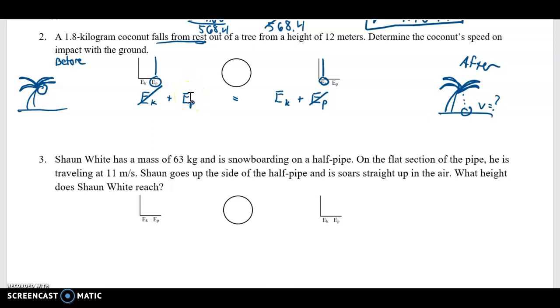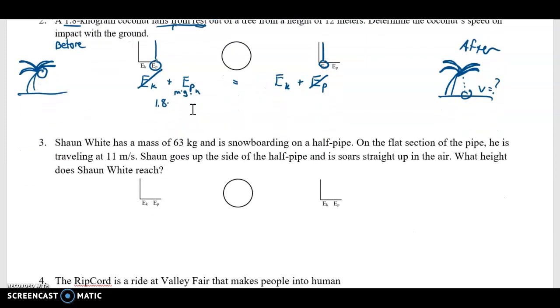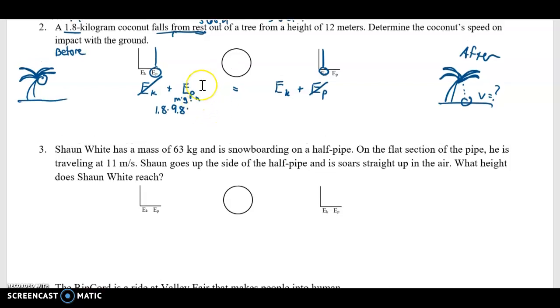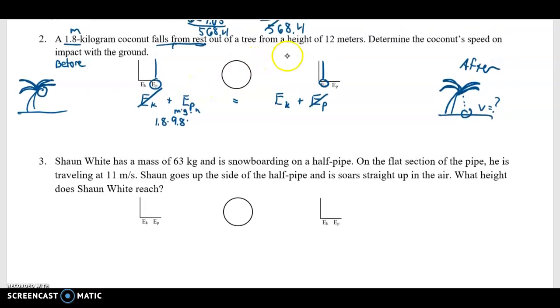So remember, potential energy is mass times gravity times height. So we use the mass of the coconut, this 1.8 kilograms, times gravity, it's 9.8, times the height it is up in the tree, and it says that it was dropped from a height of 12 meters. So 12 meters equals the kinetic energy.